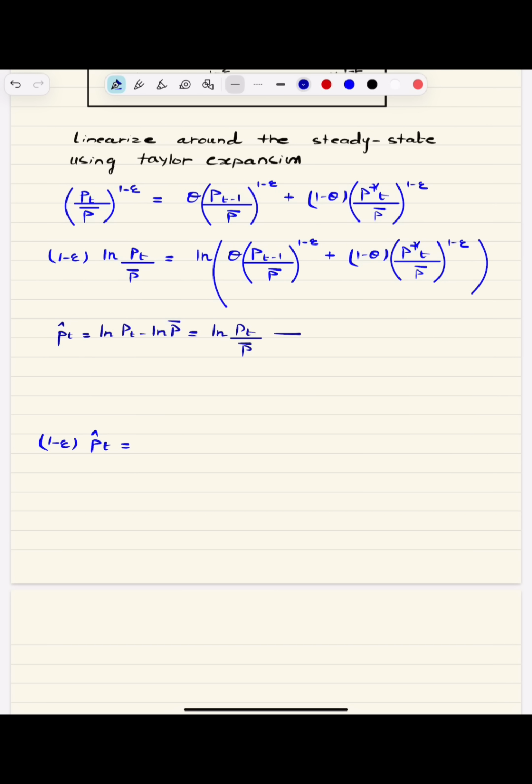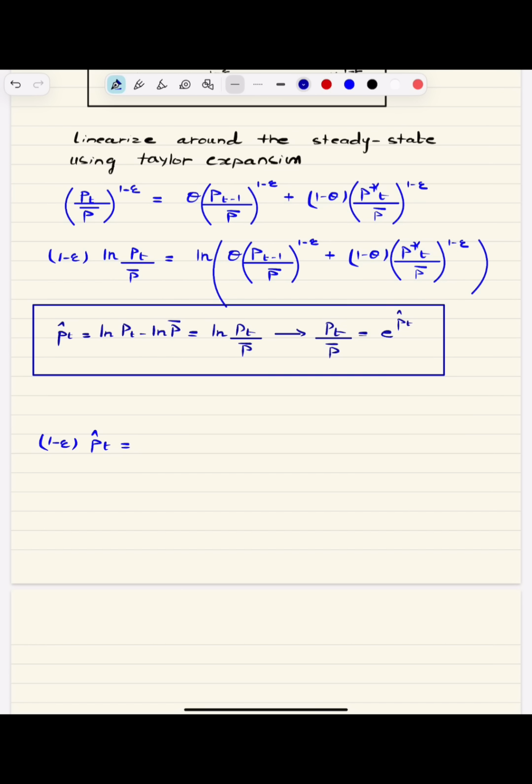Therefore the ratio P_t over P-bar is just e to the power p-hat_t. So we can just use this fact over there. So let's do that. I'll have an ln theta e to the power p-hat_{t-1}, right?